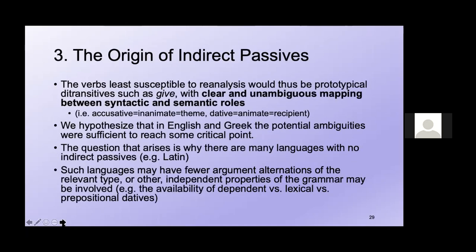And the verbs least susceptible to this sort of reanalysis would thus be prototypical ditransitives such as give, which always have an accusative inanimate theme and dative animate recipient, or at least almost always.